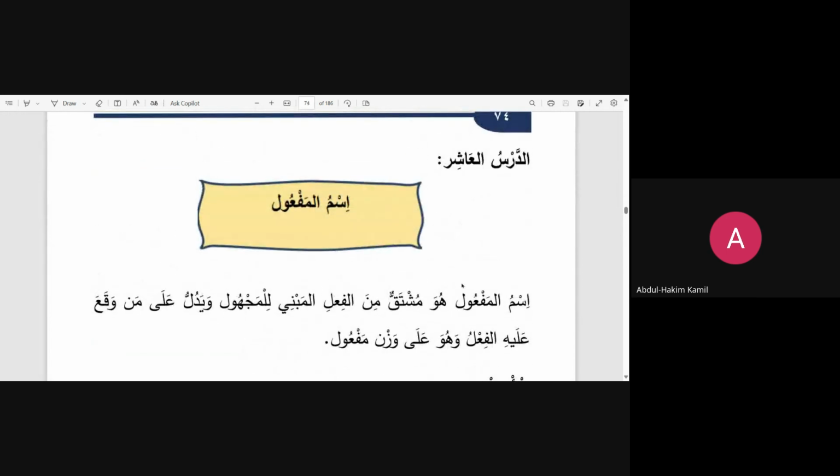It says, اسم مفعول مشتق من الفعل المبني للمجهول. It's not going to mention who did it. الدجاج مطبوخ. Who did it? We don't know. الفوائد مكتوبة. We don't know who did it. It's not important.